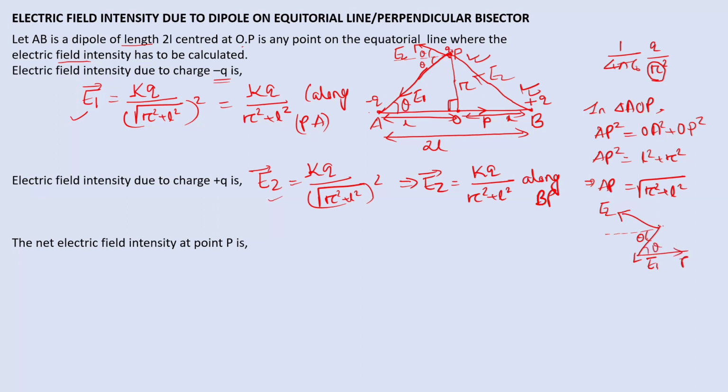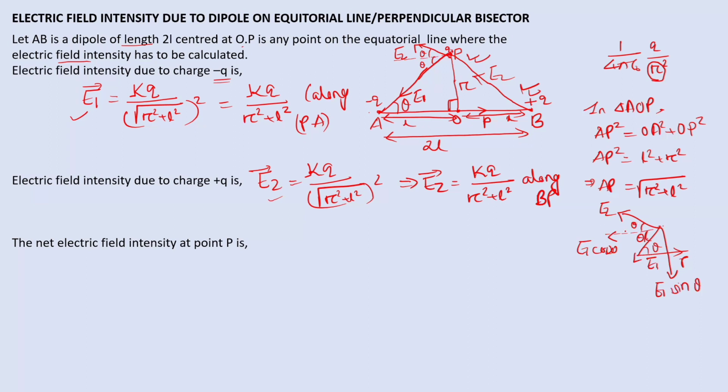So now if you see, when we resolve this, you can see this angle is theta. So on this side, what will you have? E1 cos theta, and the projection will be taken on the other side. This is E1 sin theta. Similarly, this angle is also theta.